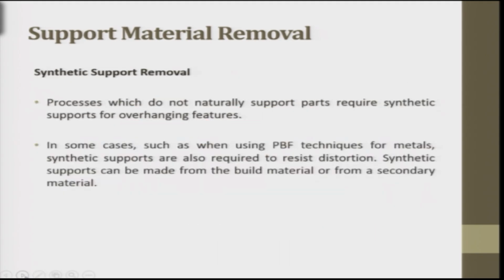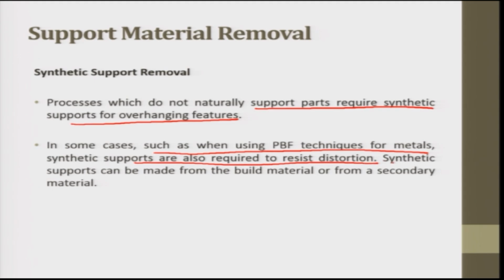Next is synthetic support material removal. The processes which do not naturally support parts require synthetic supports for overhanging features. In some cases, such as when using powder bed fusion techniques for metals, synthetic supports are also required to resist distortion. Synthetic supports can be made from build material or from a secondary material.